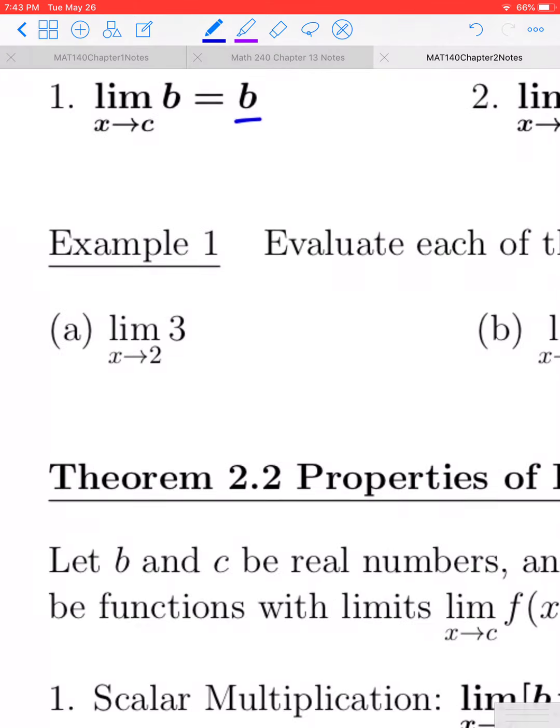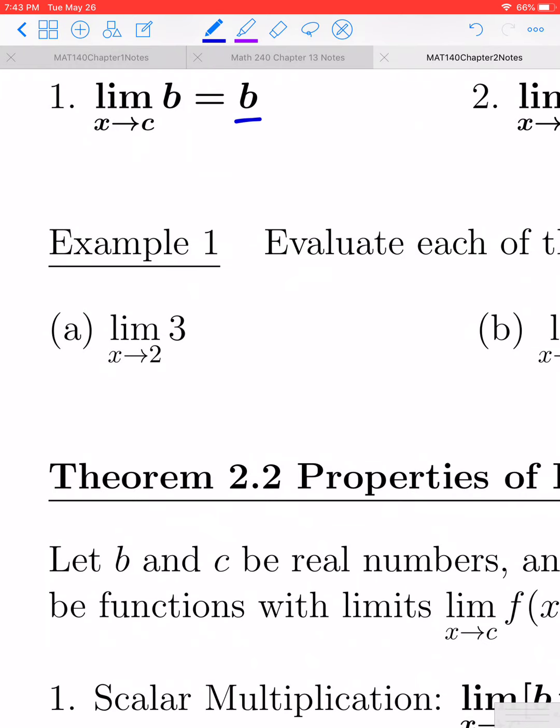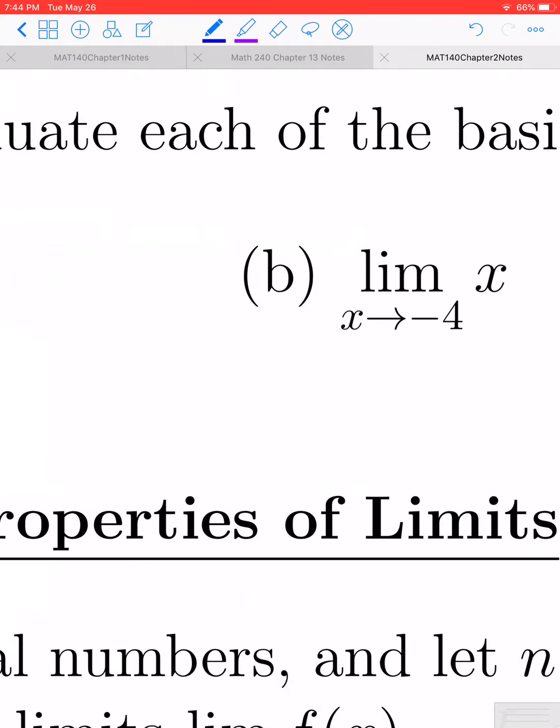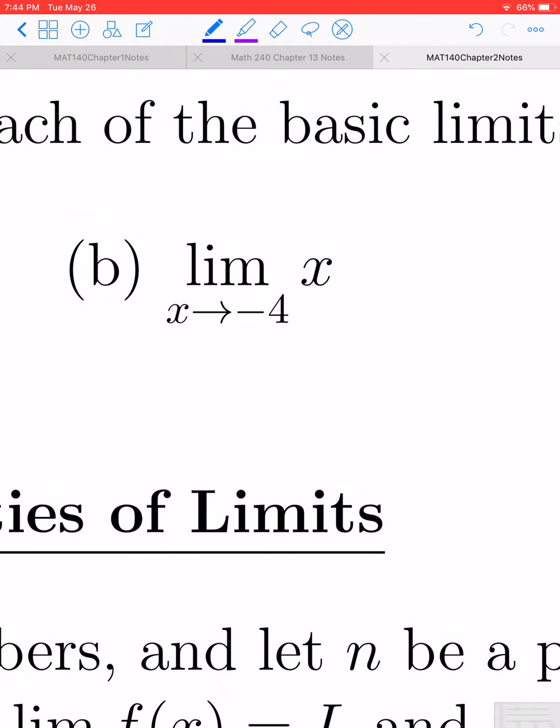Let's take a look at example 1, get some practice for each of these rules. In example 1, part A, we want the limit as x approaches 2 of the constant function 3. That should simply be equal to 3. We want the limit as x approaches negative 4 of x.